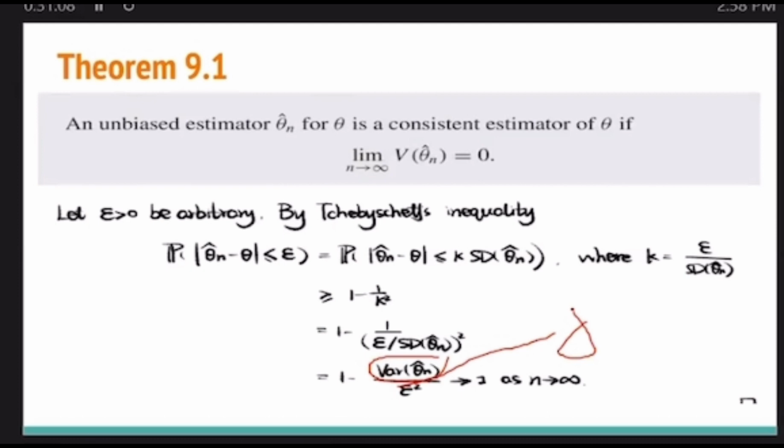Which means when n tends to infinity, when the sample size is sufficiently large, you expect that the estimated theta cap will converge to theta within the threshold, and that probability is very close to 1. That's what we're talking about here.